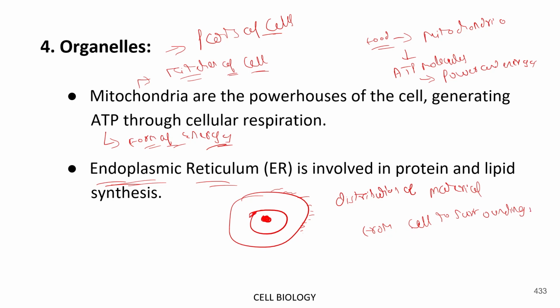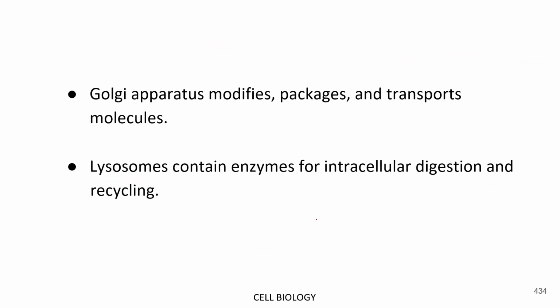Got it? Whatever material is to be exchanged from the cell to the surroundings will be exchanged through the endoplasmic reticulum. First, it will pass through the nucleoplasm, then to the cytoplasm, and through the cytoplasm to the endoplasmic reticulum. So just remember the flow. Okay, now let's move forward.